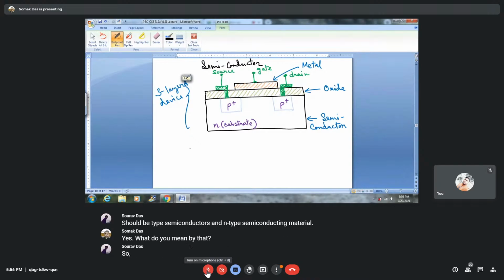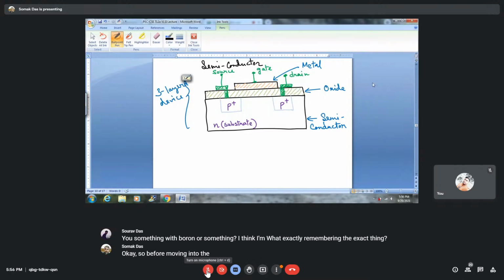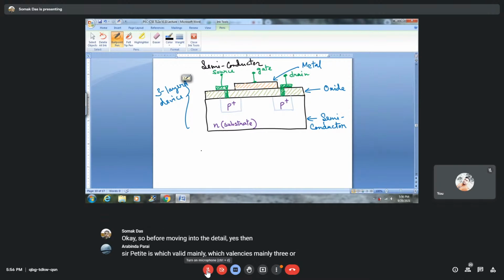Sir, in P-type, the doping was in such a way that it was having more of protons. There is no concept of protons here. Something with boron or something. Sir, I am not exactly remembering. Sir, P type is which valence is mainly 3, and N type which valence is 5?